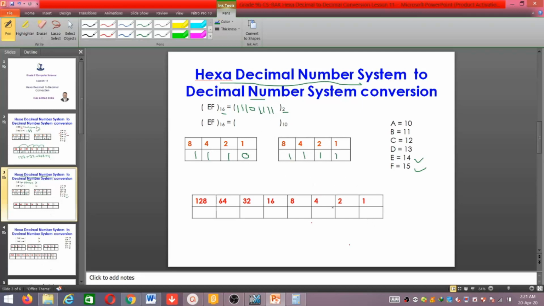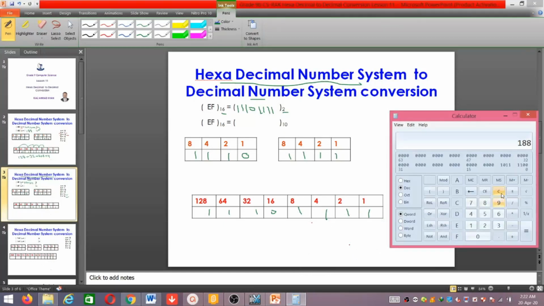So you make this table with 1 1 1 0 1 1 1 1. Next you need to add 128, 64, 32, 8, 4, 2 and 1. I will use the calculator again to save time, but you are supposed to do it without a calculator.